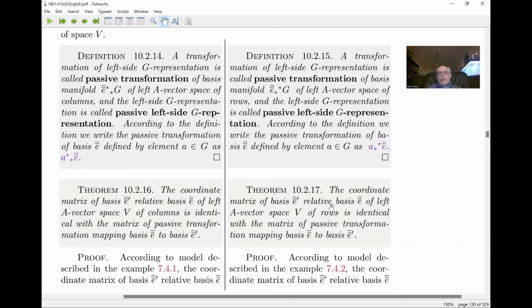Similar theorem is true for left a vector space of rows. The coordinate matrix of basis E prime relative basis E of left a vector space V of rows is identical with the matrix of passive transformation mapping basis E to basis E prime.